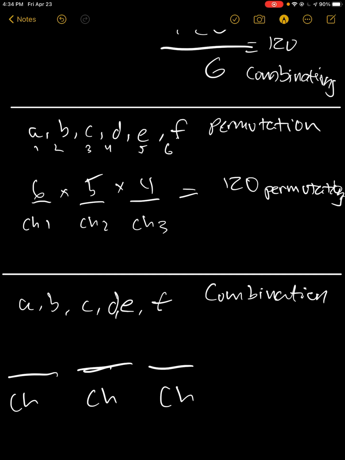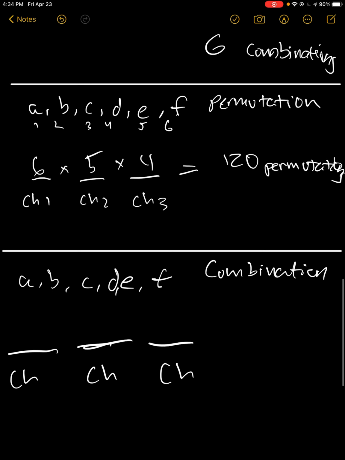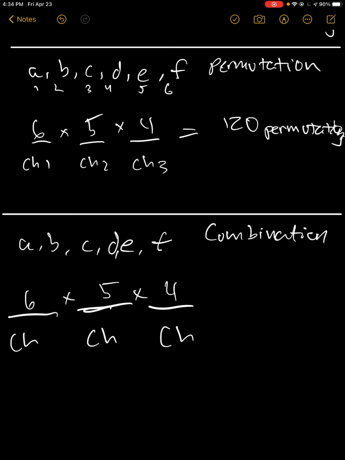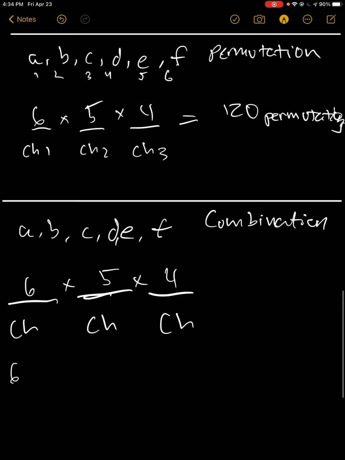And we need to remember here that we have the exact same thing as before. So we have 6 possibilities for the first one, times 5 for the second, times 4 for the third. But with this, we have to be careful because we have 6 people, right? And we're taking 3. We're choosing the 3.